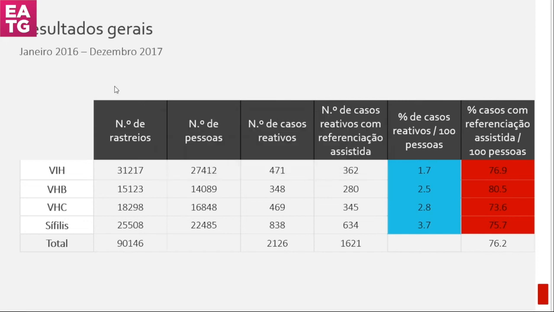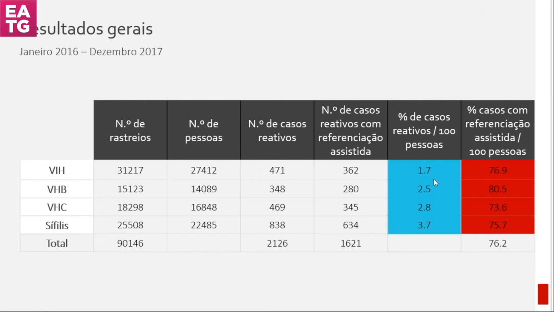So these are the results for the community health screening network from 2016 to December 2017. This is the number of screening, the testing sessions in the first column, the number of people in the second column, the number of reactive cases from the 4 infections in the third column, and the fourth column is the referral, the cases that accepted referral to the NHS.